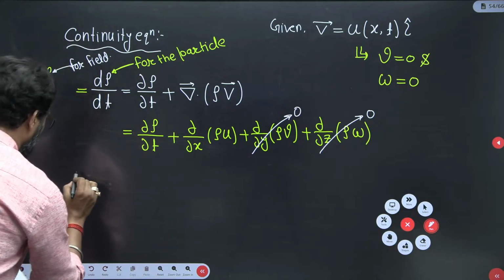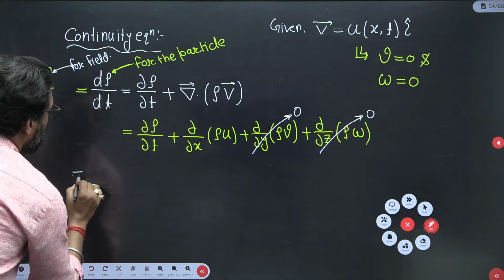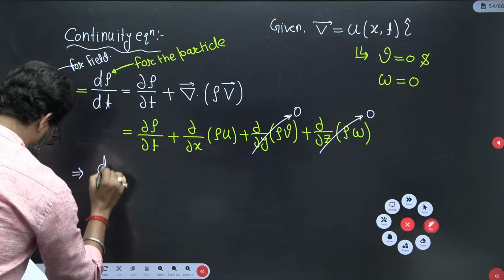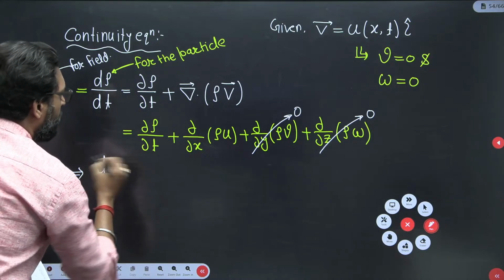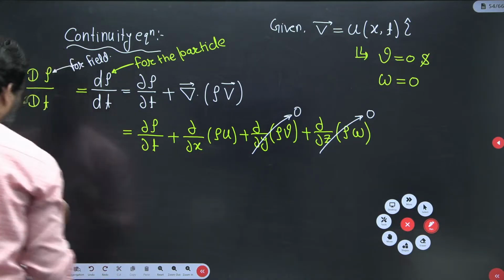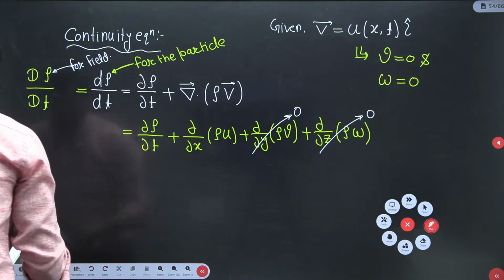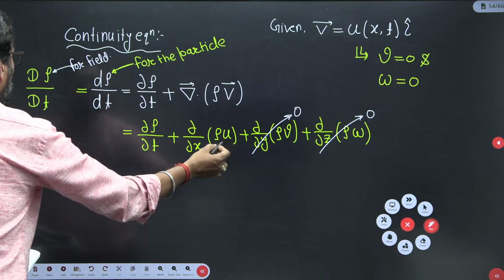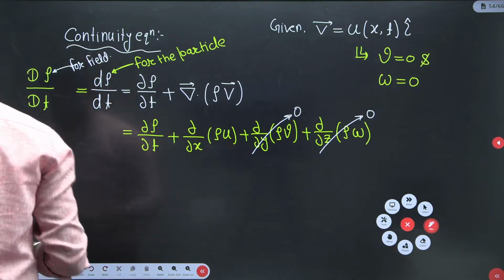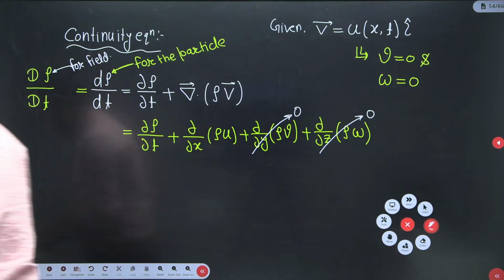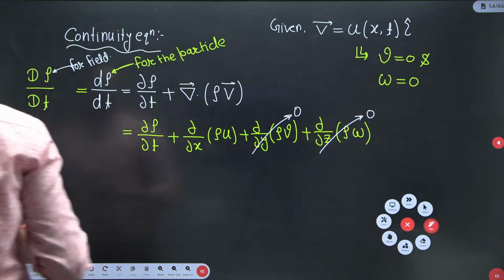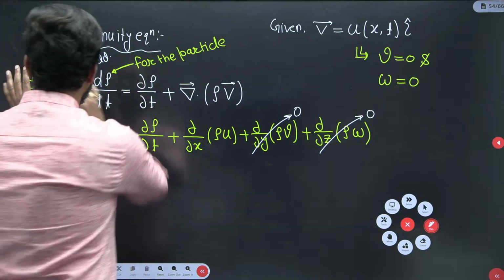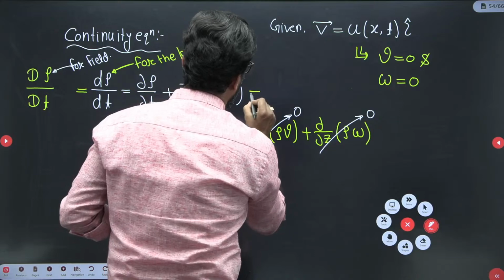Okay. Now, d rho by dt plus del dot u, and it is saying the continuity equation. So this is equal to 0 for the continuity equation.